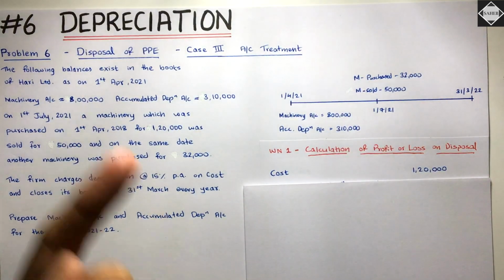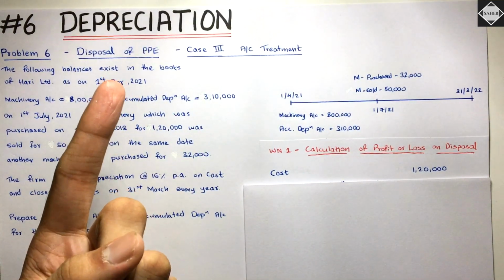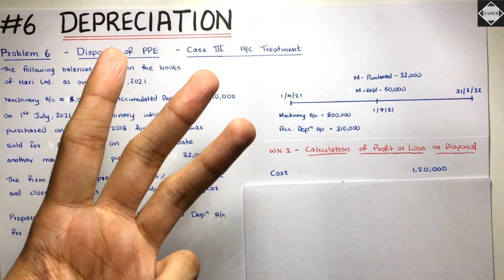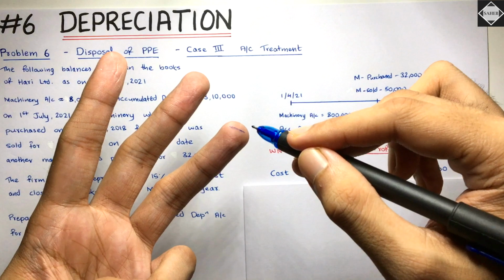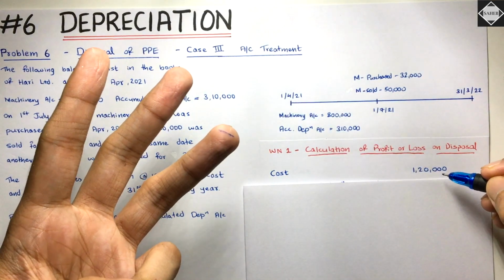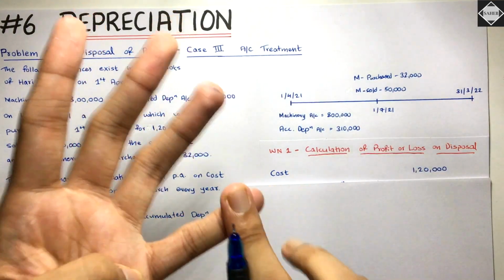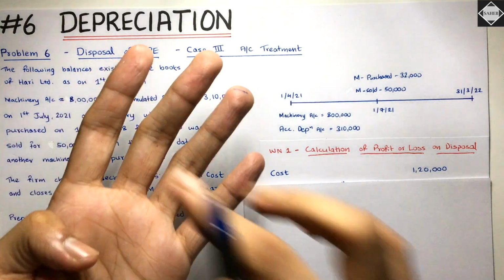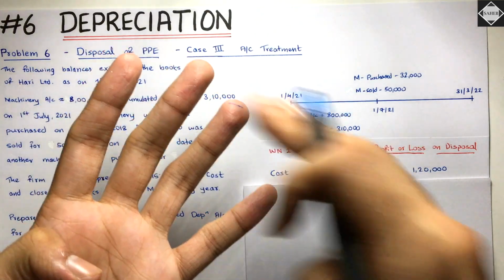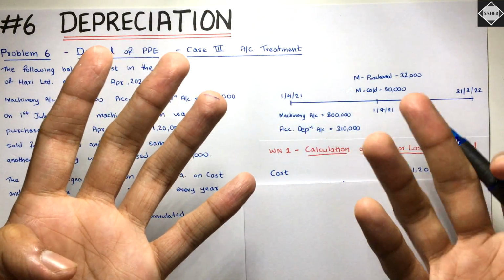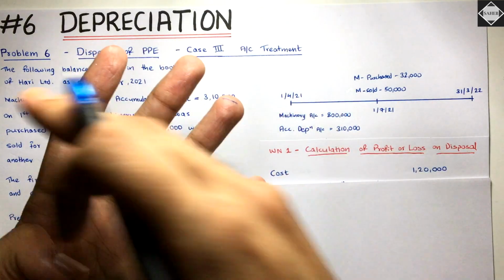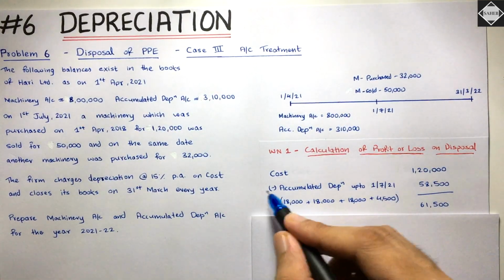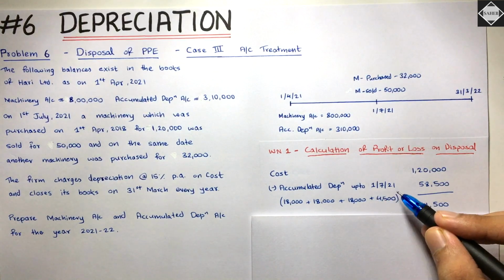See, 1st April 2019, 1st April 2020, 1st April 2021. So 3 years depreciation you have to calculate and deduct from 1,20,000, and then only you will deduct the current year depreciation. In total, what do we call the combination of depreciation? We call that provision for depreciation or accumulated depreciation, isn't it? So that is what you will have to subtract, minus accumulated depreciation up to 1st July 2021.